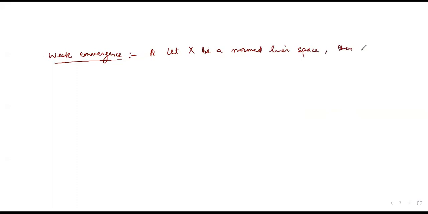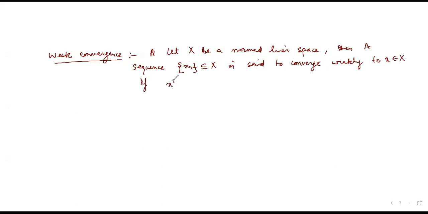Then a sequence Xn contained inside X is said to converge weakly to X belonging to X if X star at Xn converges to X star at X for all X star belonging to X star.